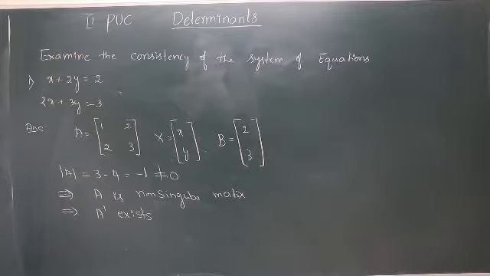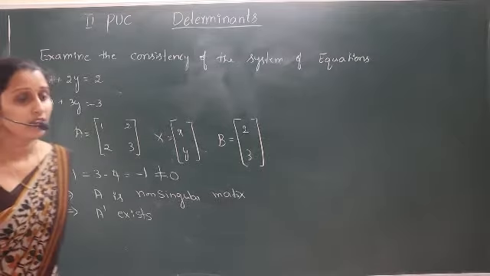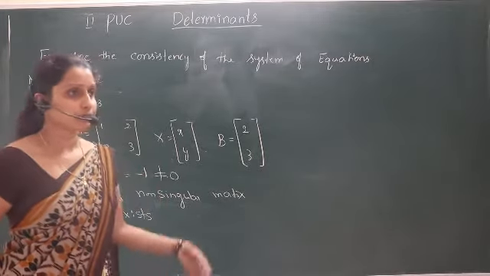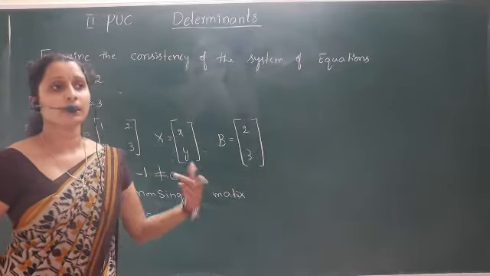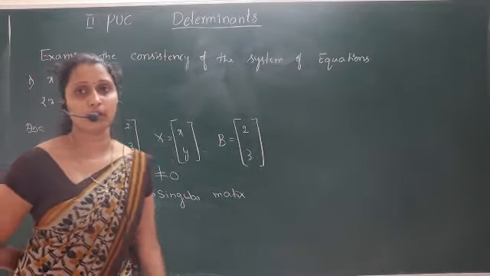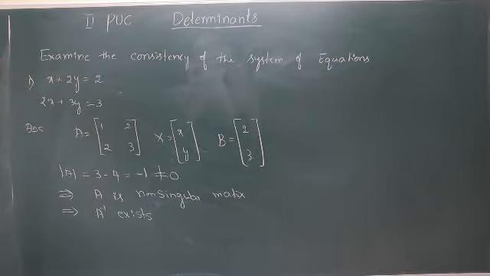If A inverse exists, then we can say there is a solution. We have already studied that if it is non-singular, A inverse exists. If it exists, the solution of the linear system of equations exists. That means it is consistent. Therefore, the given system of equations is consistent.